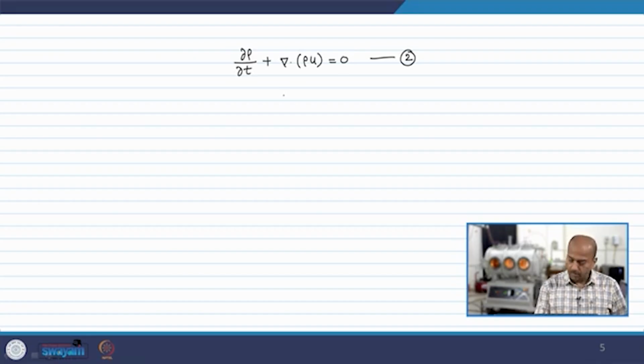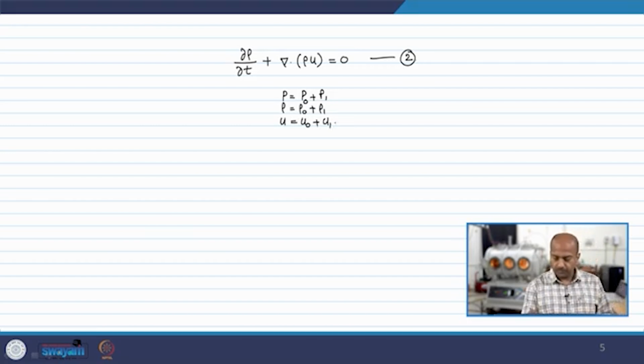So pressure P equals P0 plus P1, density ρ equals ρ0 plus ρ1, and velocity of course u equals u0 plus u1. Let us call this set of equations A.